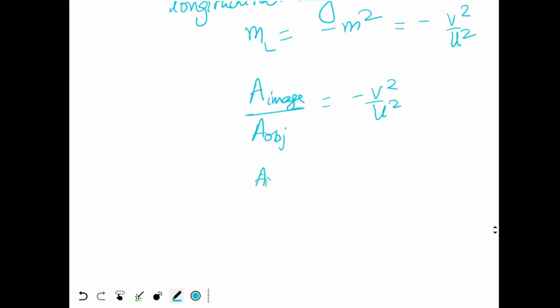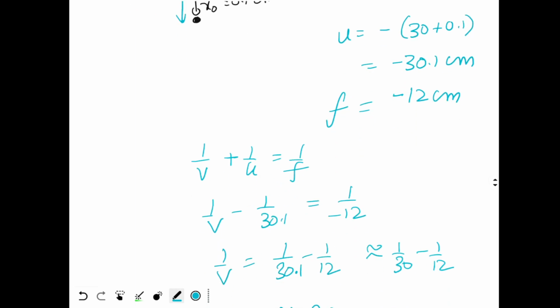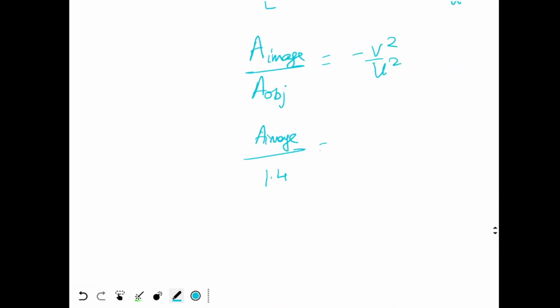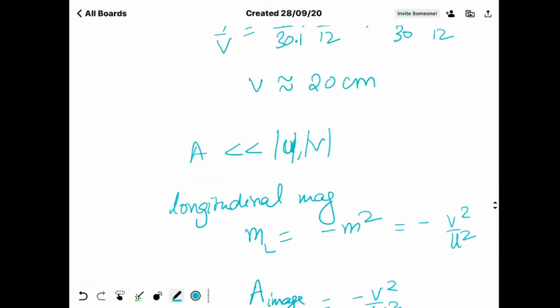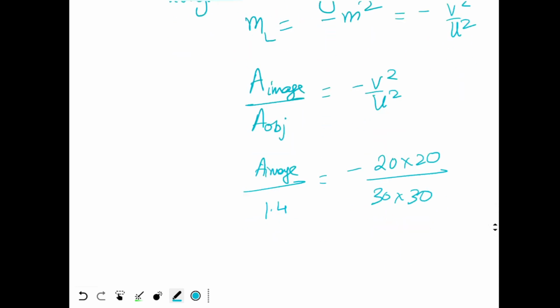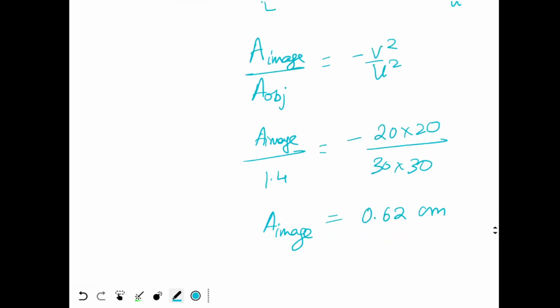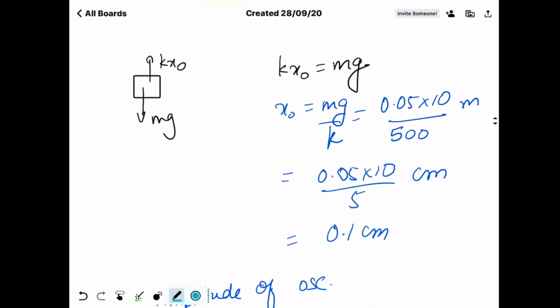So amplitude of image divided by amplitude of object is how much? That is 1.4 centimeter, is equals to minus v is how much? 20. So 20 times 20 and u is 30, so 30 times 30. I'm ignoring 30.1, I'm making it roughly 30. So I get amplitude of image to be equal to 0.62 centimeter.